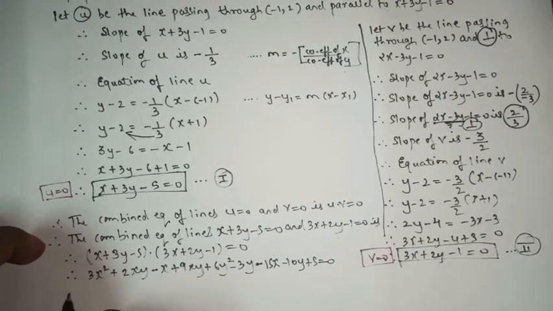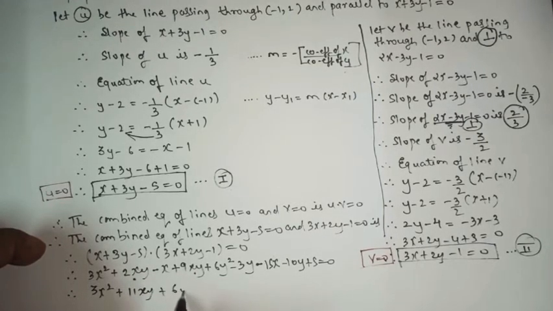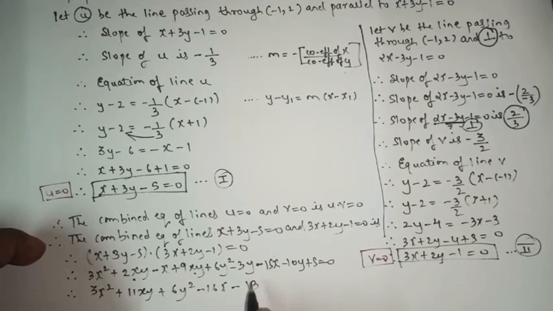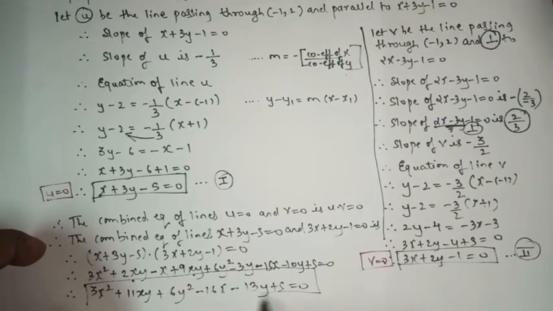Okay, now check for the like terms. So therefore we can say what? So the final answer will be 3x square plus 11xy plus 6y square minus 16x, when you solve this part for y, minus 10, minus 13y plus 5 equals to 0. So this is the required equation.